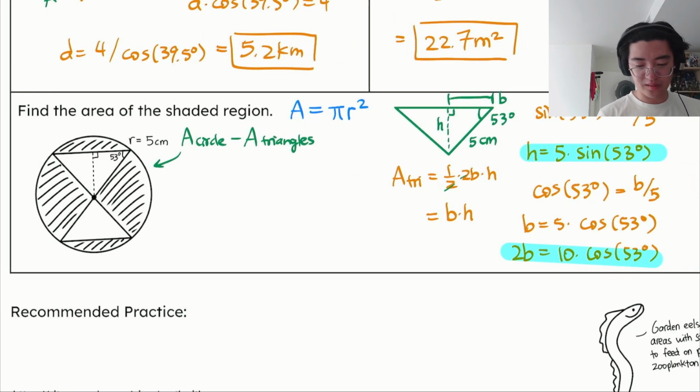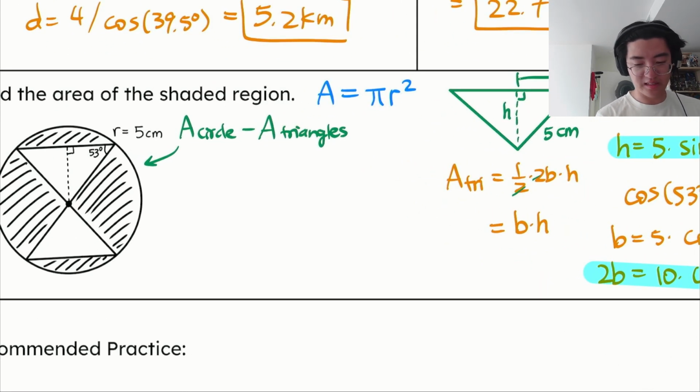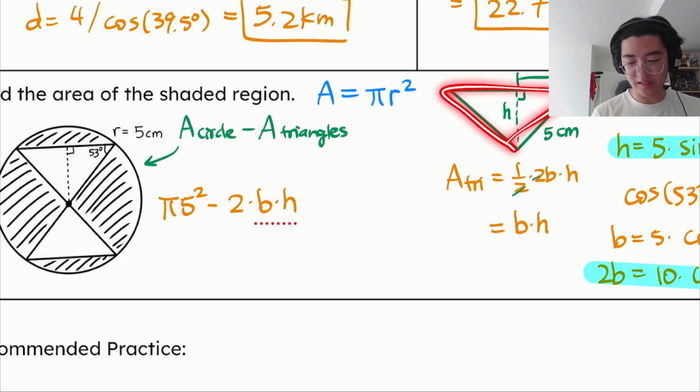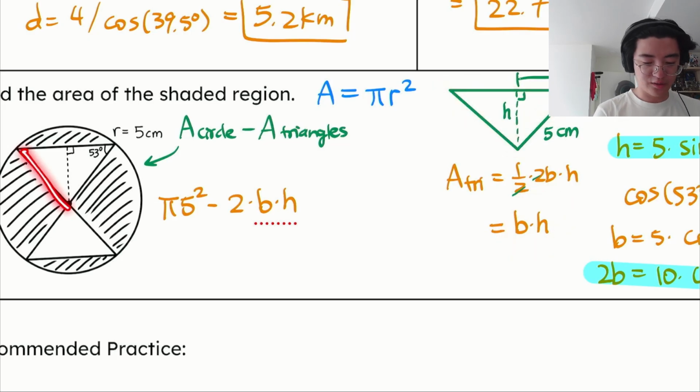So the total area now for the shaded area is the area of the circle, which is pi times 5 squared, that's the radius, minus 2 of the areas of the triangles. So it's 2 times base times height. Again, the area of one triangle is just base times height. So 2 of those triangles here is 2 times base times height.